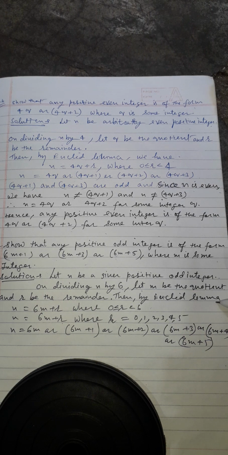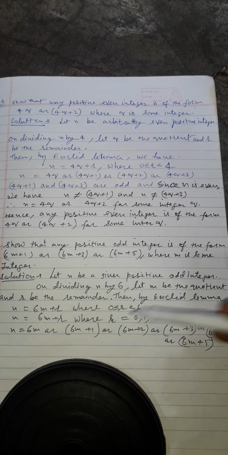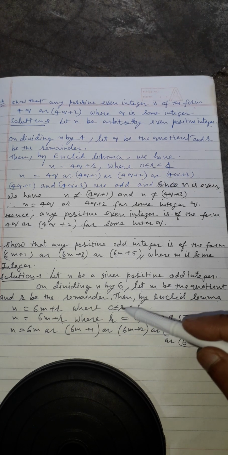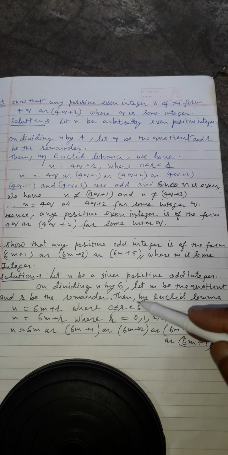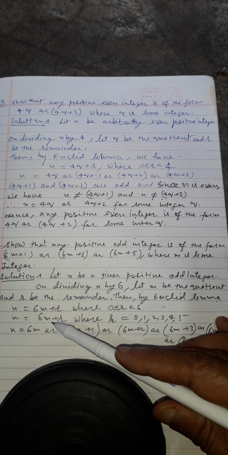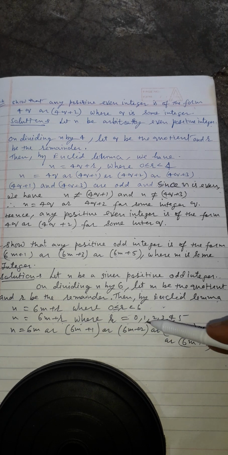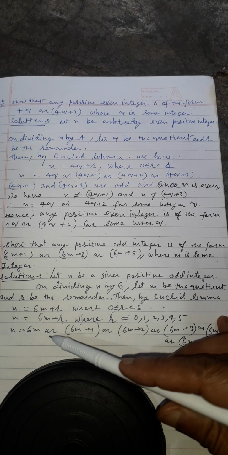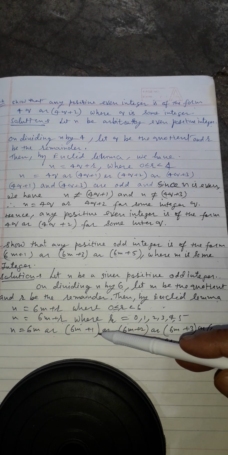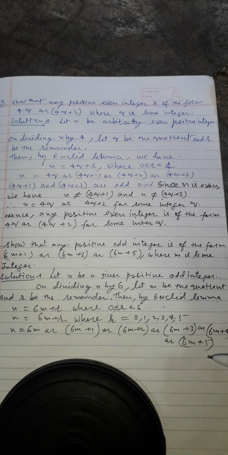Then by Euclid's lemma, n is equal to 6m plus r, where r is greater than or equal to 0 and less than 6. So n is equal to 6m plus r, where r is anything from 0, 1, 2, 3, 4, 5. Then n is equal to 6m, or 6m plus 1, or 6m plus 2, or 6m plus 3, or 6m plus 4, or 6m plus 5.